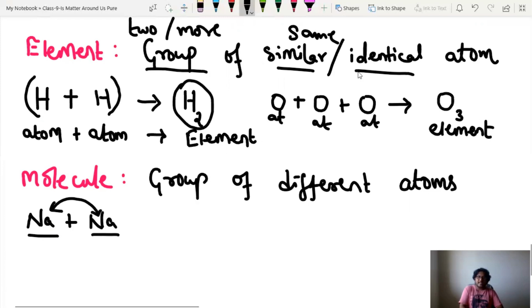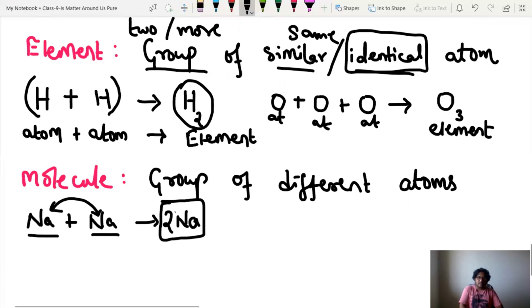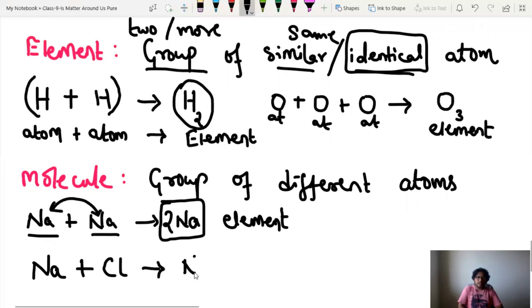If it is identical, we have to consider it as element, right? Na plus Na is Na2 or 2Na, like this also you can write. This is an element. But if you want molecule, as I told you, it is group of different atoms. For example, you take Na plus add chlorine to it. Sodium is different, chlorine is different, gives rise to NaCl, that is sodium chloride, that is molecule.